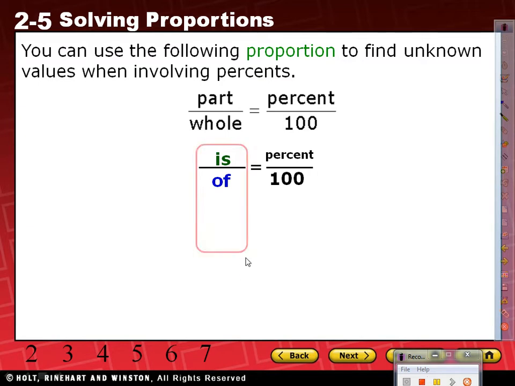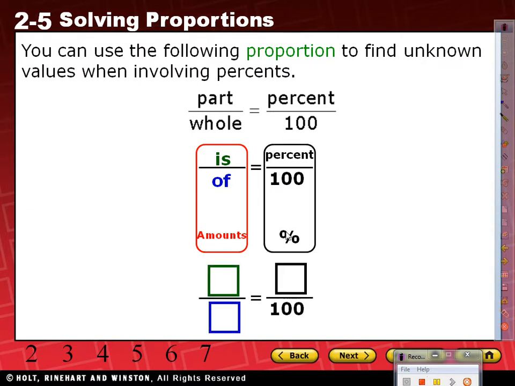Okay? So, look at this. Everybody look up to the screen. This side, we're going to have amounts. You don't have to copy this yet, just pay attention. This side, we have a total of what? Percent. Everybody with me? So therefore, we're going to use this setup in order for us to find percent or amount.